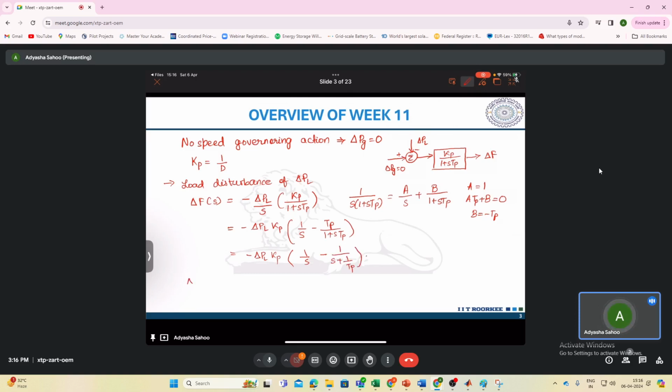Now if you convert into the time domain by taking the inverse Laplace, what you will be getting is minus delta PL Kp into 1 minus e to the power minus t by Tp.